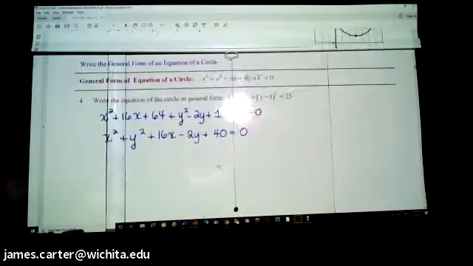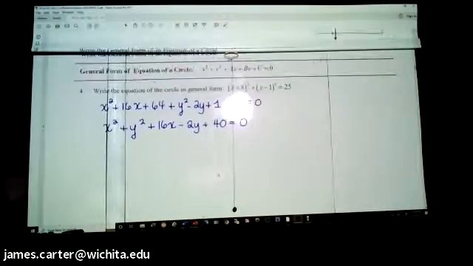Okay, we talked about the general form in one or two examples in class. All that is, you FOIL this and you get x squared plus 16x plus 64. You FOIL this, or you can use that shortcut, the a squared plus 2ab plus b squared thing. And this one you get y squared minus 2y plus 1. They move this 25 over to the other side.